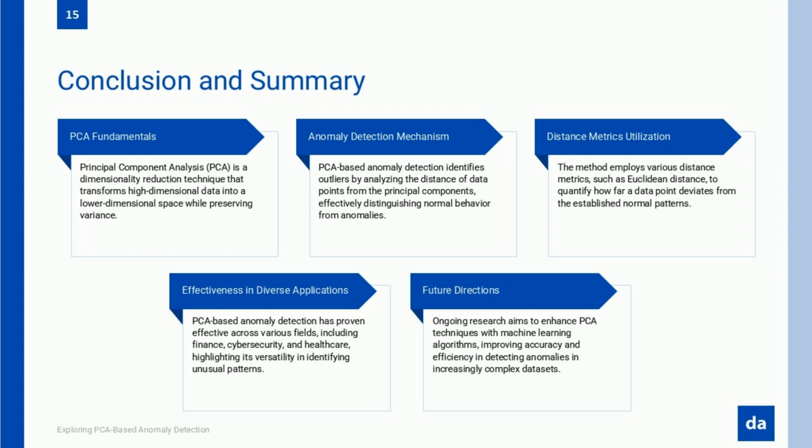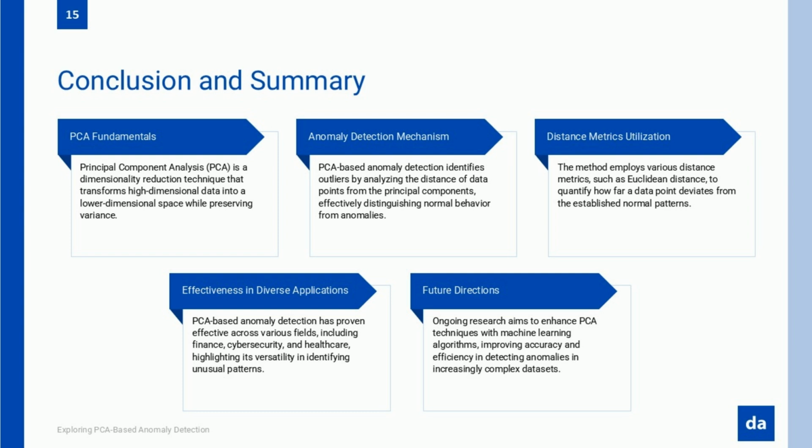Looking ahead, PCA is evolving with AI-driven anomaly detection, real-time processing, and enhanced interpretability tools. By combining PCA with advanced machine learning techniques, organizations can create more accurate, scalable, and efficient anomaly detection systems.